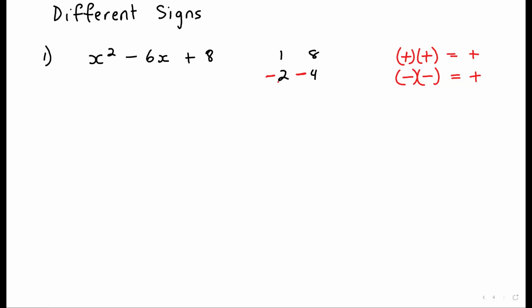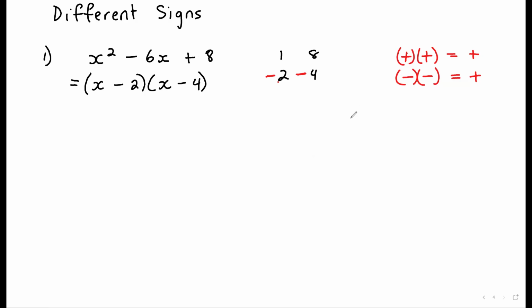So you could probably write that down as a little hint, right? If you're looking at the signs, and I'll write it down after as well, once you have a positive C value and a negative B value, the two signs within the brackets will always be negative, because that's the only way you could get the negative B value, right?